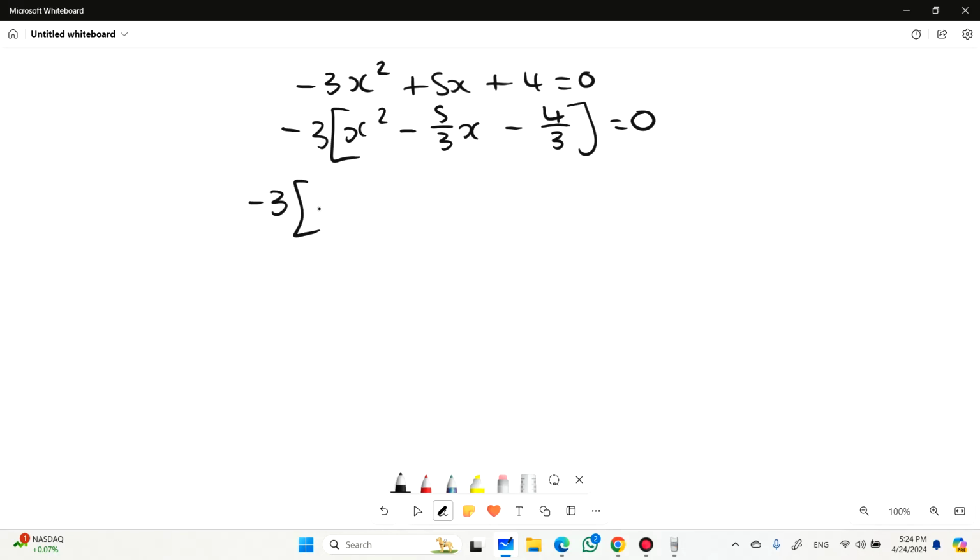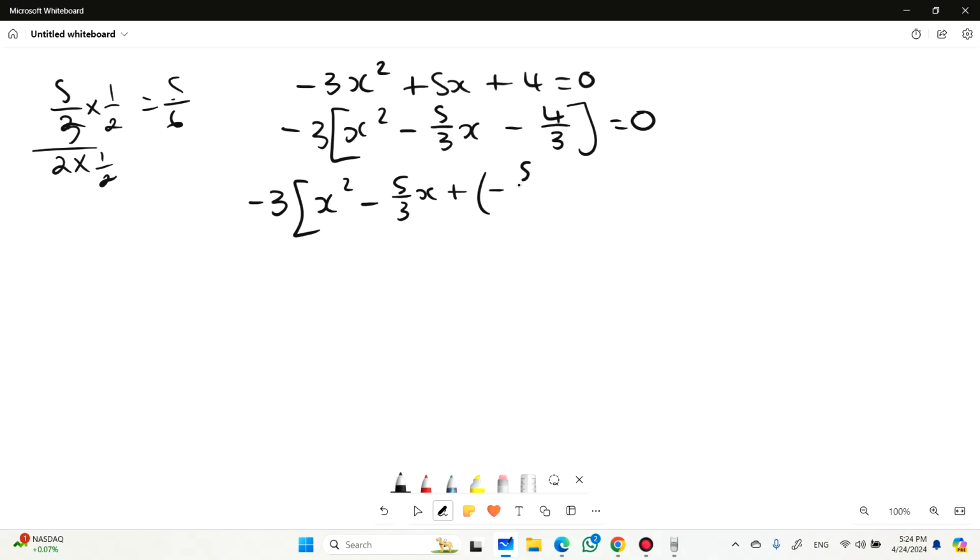Remember I said we're going to divide the coefficient of x by 2, and hence I'll have 5 over 6 in that case. So I'll have negative 5 over 3 x, then you add, negative, because here it's a negative, so in this case it'd be 5 over 6 squared, minus 4 over 3, minus negative 5 over 6 squared.